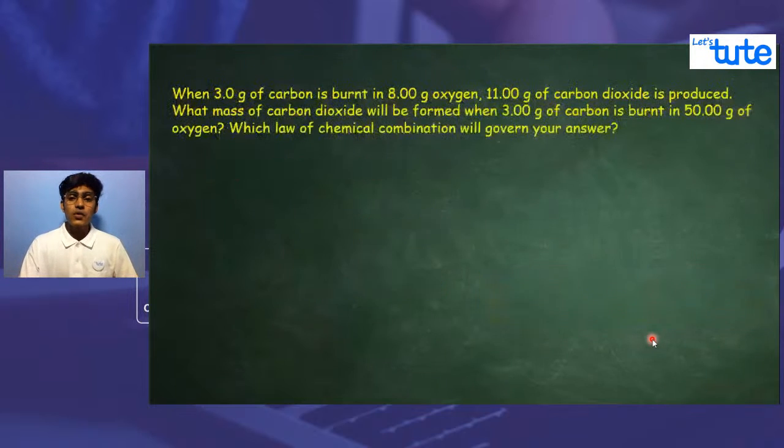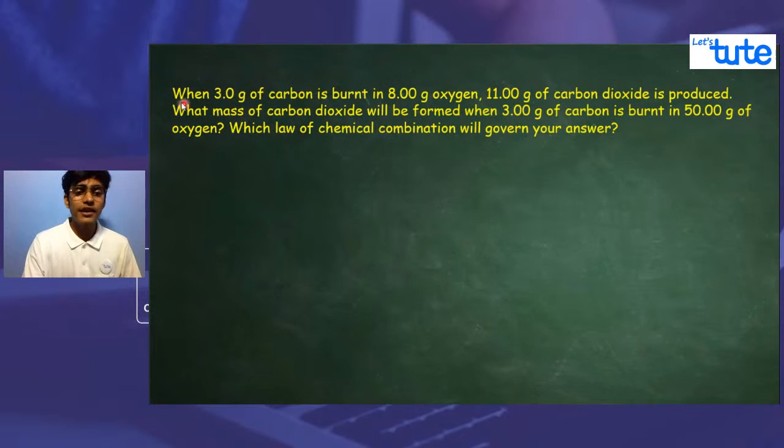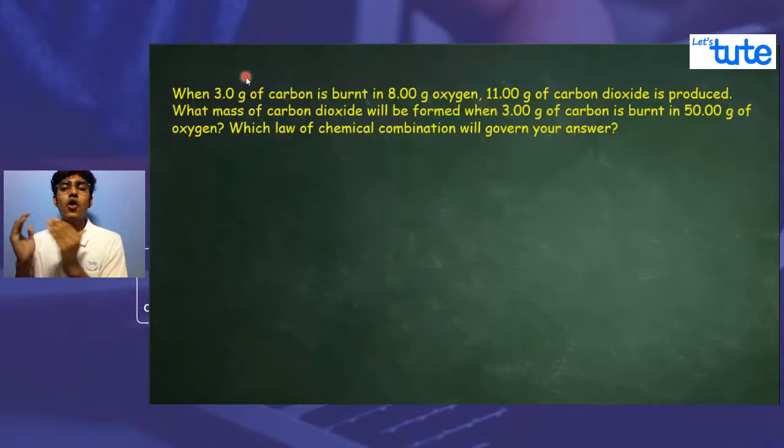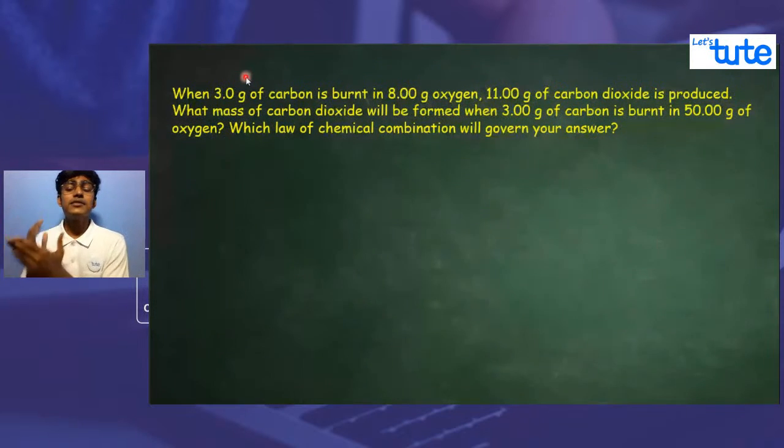In the next example, it is given that when 3 grams of carbon is burned in 8 grams of oxygen, the carbon dioxide produced is 11 grams.